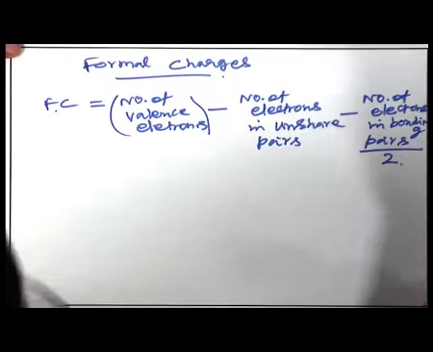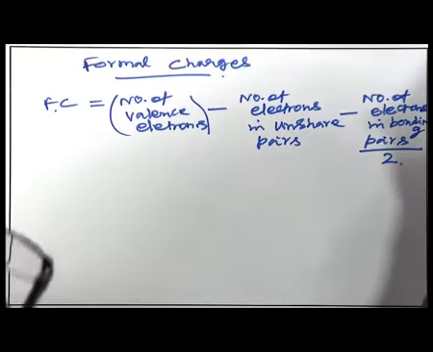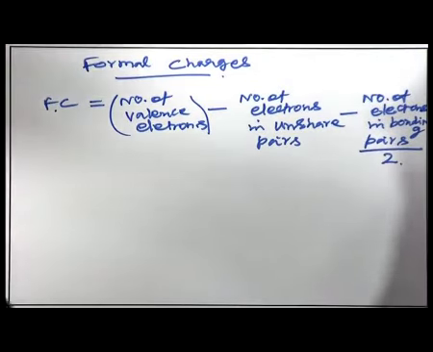Suppose the number of bonds is 2, then the number for calculating formal charge is 1. If the number of bonds is 3, then 3 into 2 equals 6, 6 divided by 2 gives 3. That will become very clear when you see actual calculations for formal charges.